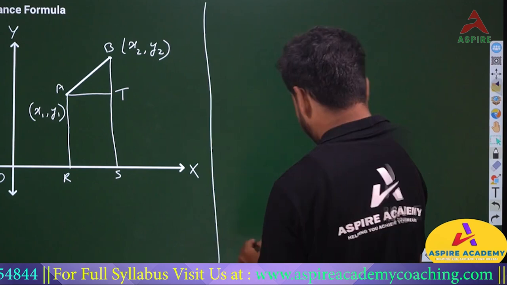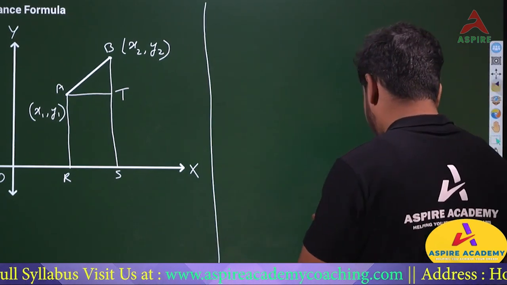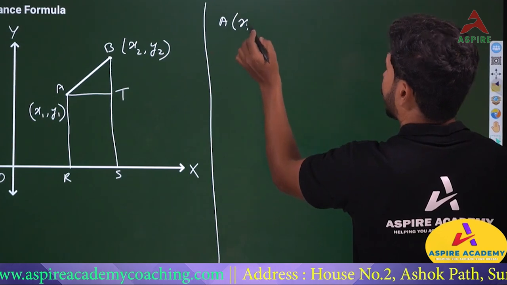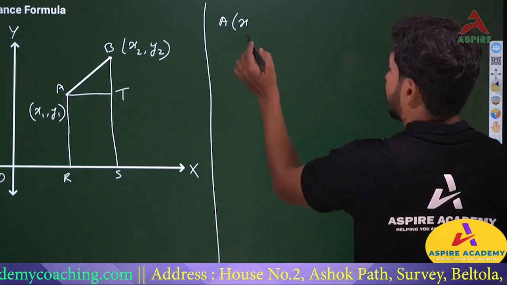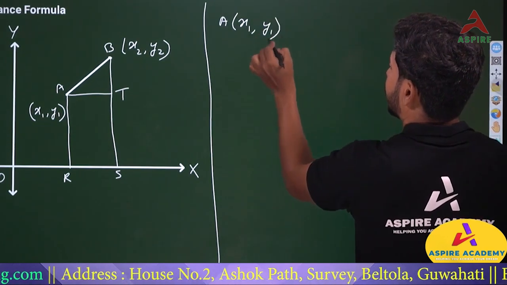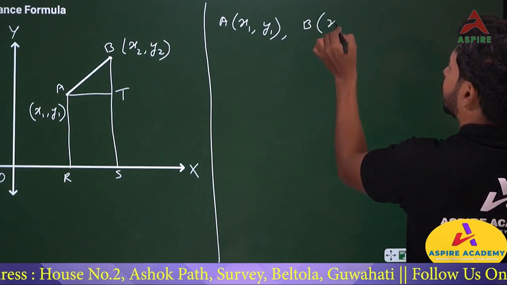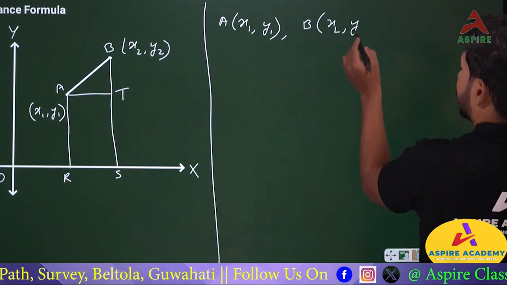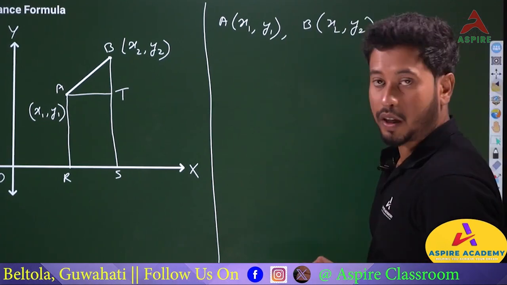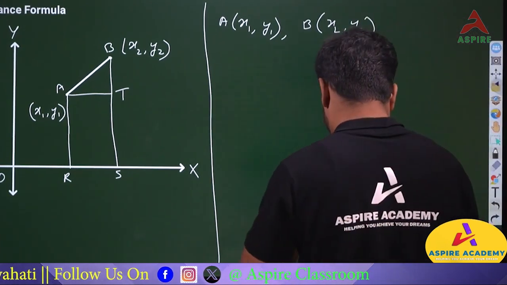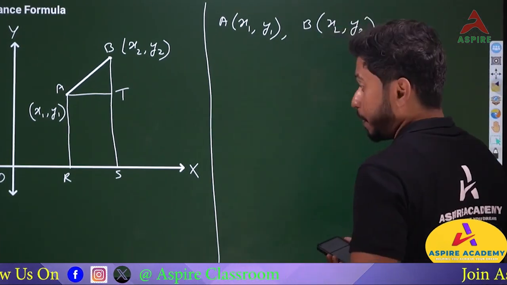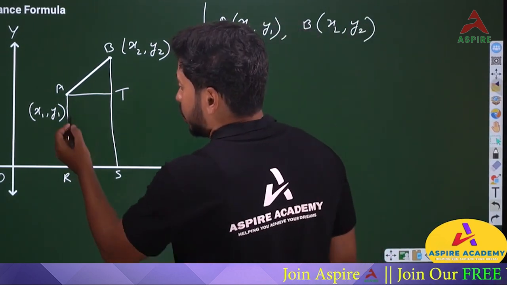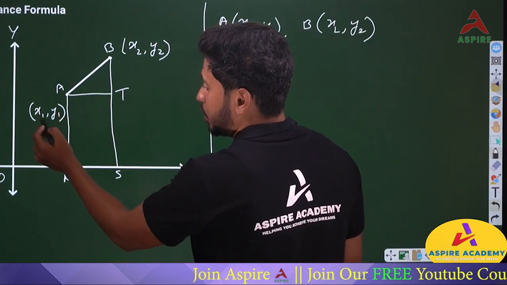Okay, now see, A is x1, y1 and B is x2, y2. Here the location of point A is x1, y1.